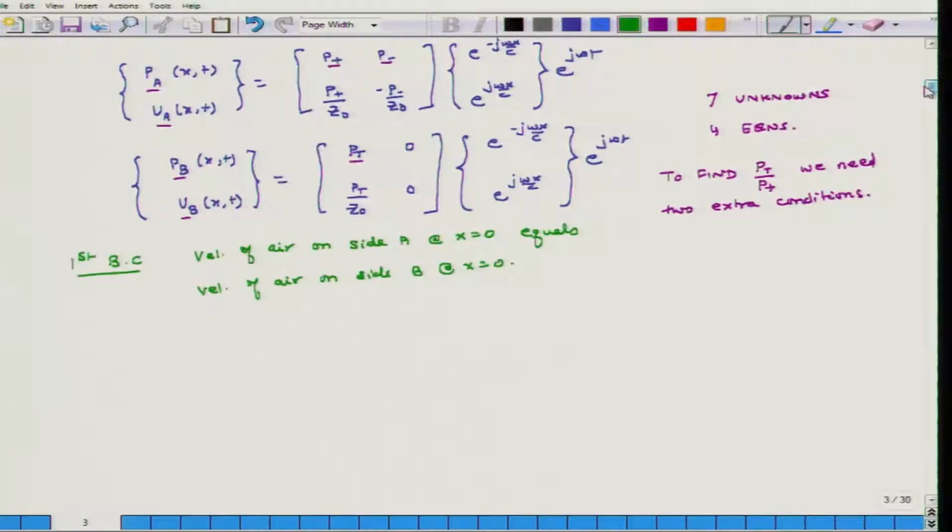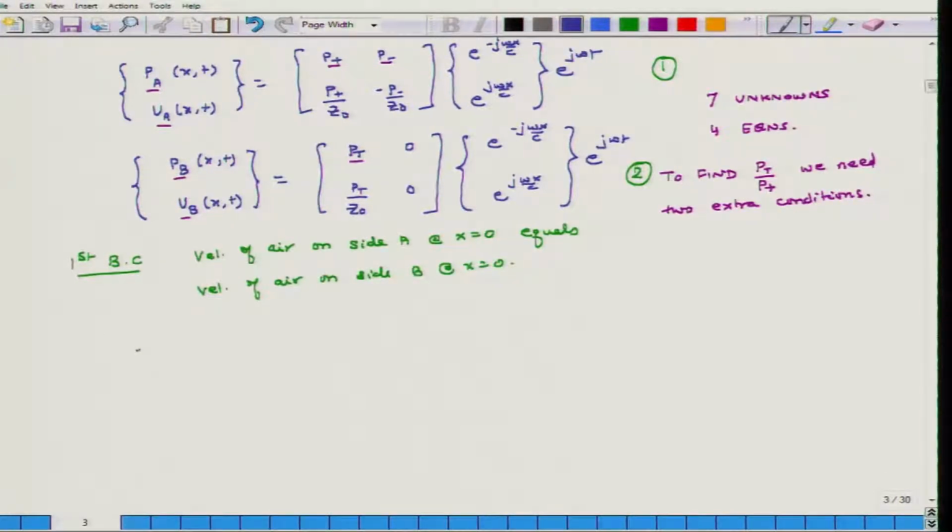So, what do I do in this case? This is equation A, this is equation B, okay, so I do not want to use A and B again, it will create confusion. So, let us say this is equation 1, this is equation 2. I can calculate the expression for velocity from 1 and 2, and at x is equal to 0, these two numbers are the same. So, I can equate them. So, that is what we will do.